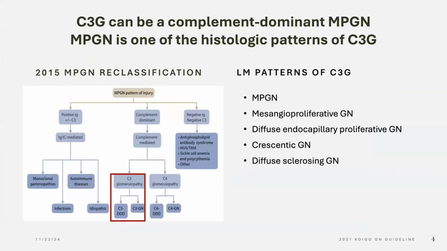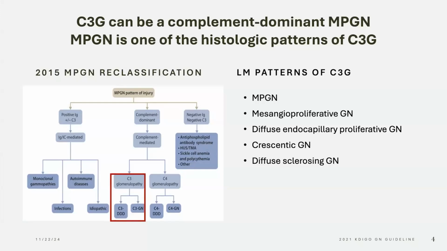MPGN is a histologic lesion. In 2015, it was reclassified. Based on deposits on immunofluorescence study, it is classified into immunocomplex-mediated MPGN, complement-dominant MPGN, and IF-negative MPGN. C3G belongs to complement-dominant MPGN in this classification.